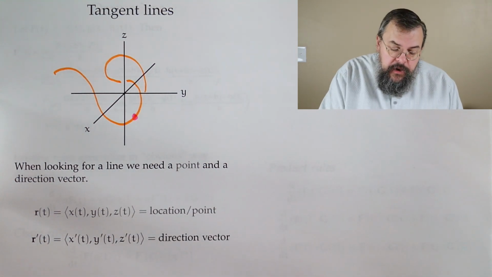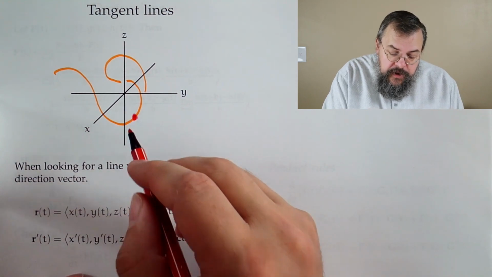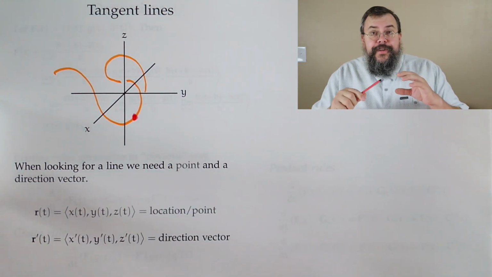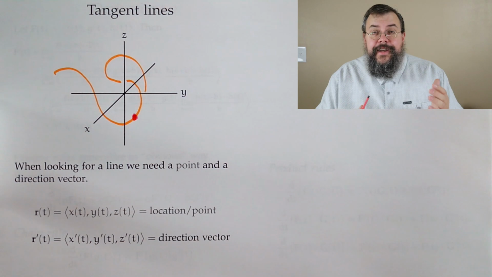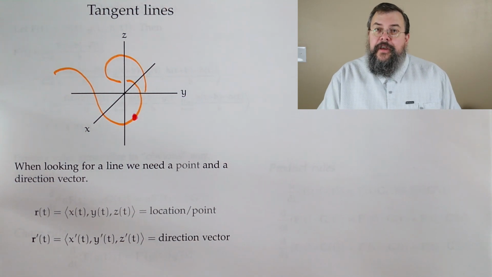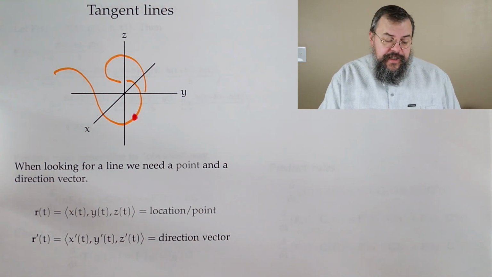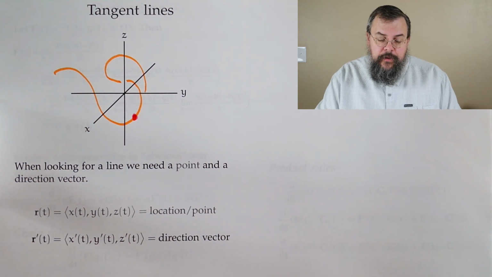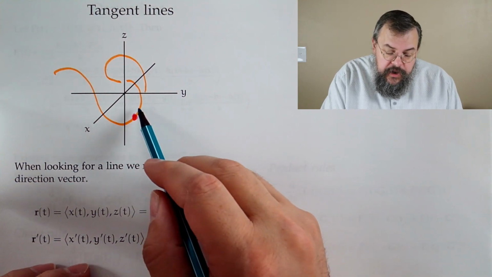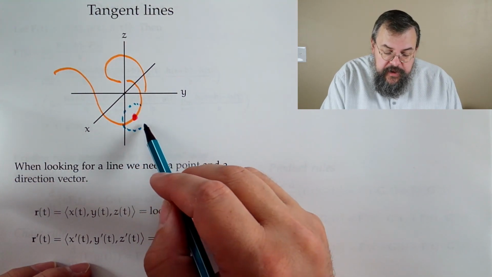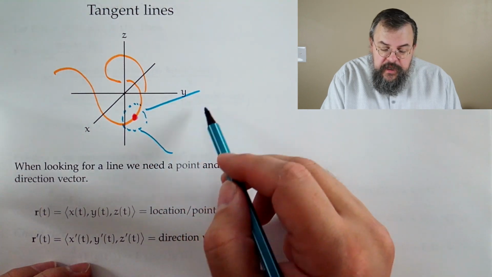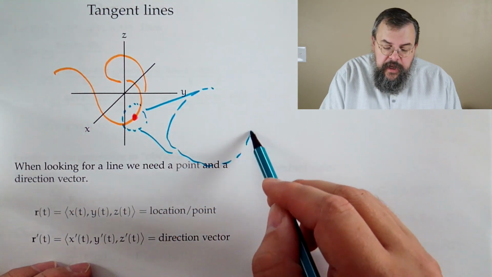Now, what can we do? Well, we do what we always do, which is we say, let's look closer. In calculus, a big theme is, hey, zoom in and see what's happening. And so we do our traditional zoom in, and what happens?